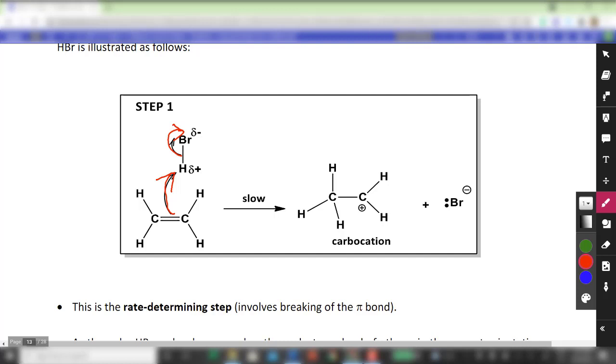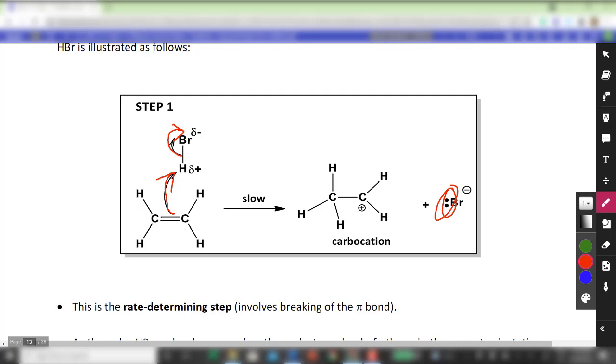Remember that when you draw your arrow, you draw it towards the H, and when the bond is broken, it's drawn towards the Br because a lone pair of electrons is being formed. Of course, here we need to take note that the Br in HBr already has three lone pairs of electrons. So when the sigma bond of this HX bond is broken, the new lone pair of electrons will be given over here.